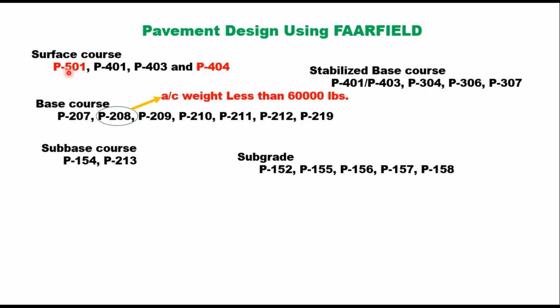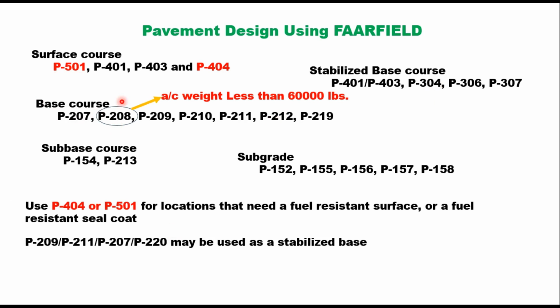P501 is the PCC slab, 602 of MORTH. Use of P404 and P501 is recommended for locations that need a fuel resistant surface or a fuel resistant seal coat. And similarly, these materials can be used as stabilized base.